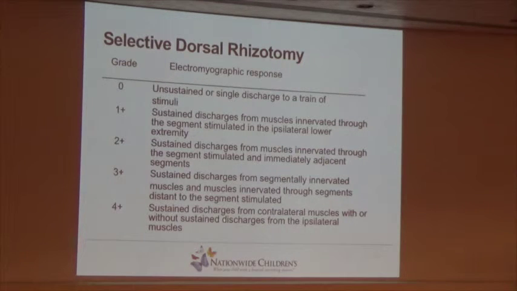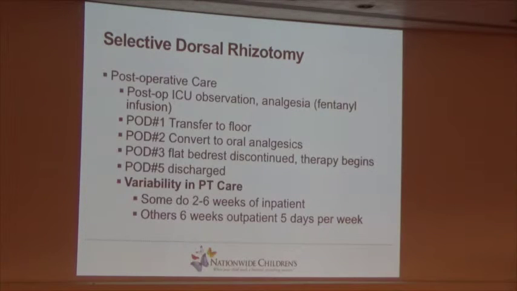However, I should also point out that this is not a belief shared by everybody, because some centers believe that this bears no relationship to outcome in selective dorsal rhizotomy, where I could get the exact same result if I just cut 60 to 75% of the dorsal nerve roots, as long as we identify the correct ones. That's one of the current theories being argued amongst neurosurgeons that are doing selective dorsal rhizotomies.